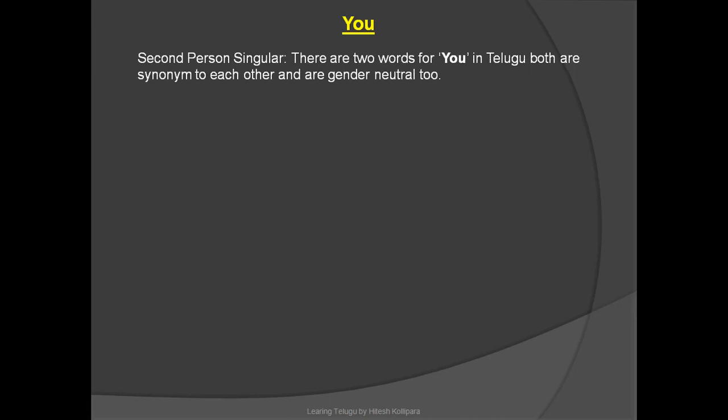But again, there are two words for "you" in Telugu. But no need to panic, because those two are synonyms of each other, which means you could use either of them, and they are gender neutral too. Let us see the translated words.